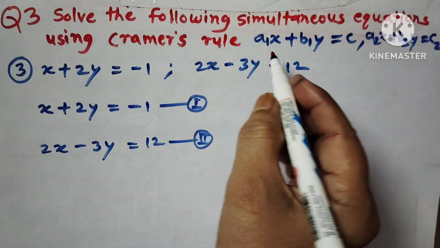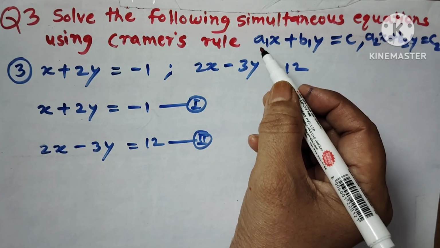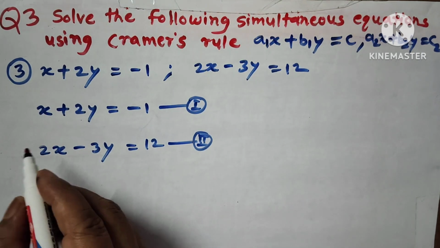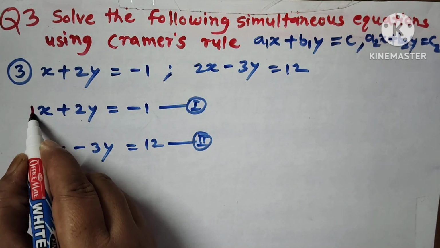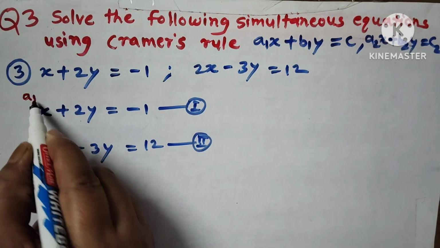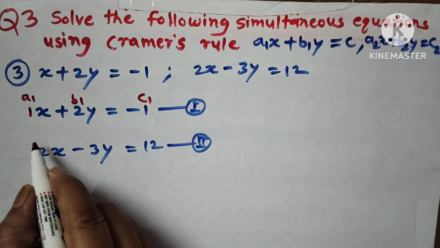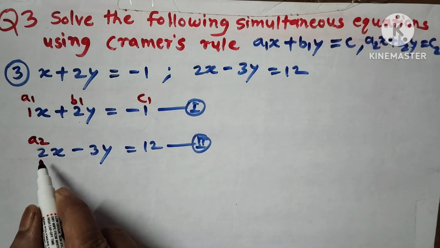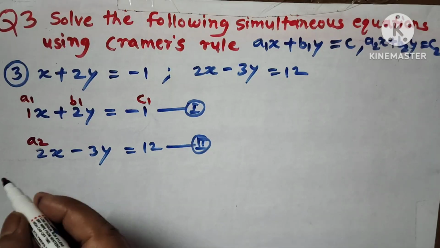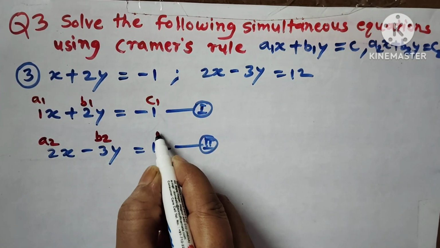Coefficient of x is a1. Here the coefficient is 1. Here a1, b1, c1. Here a2 is the coefficient of x, which is 2. Consider the second equation as a2, b2 and c2.